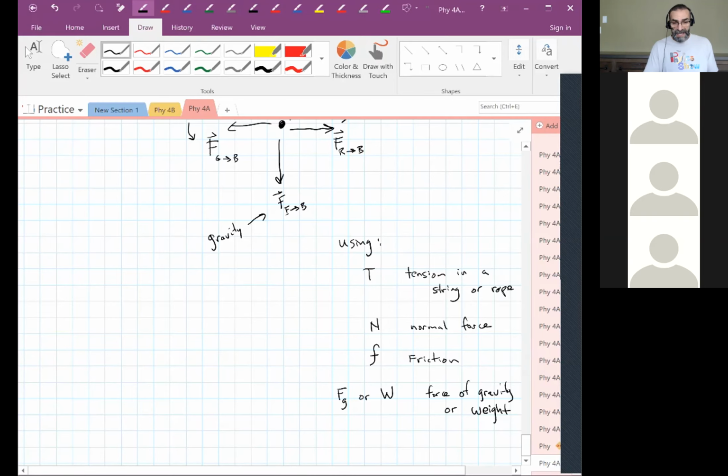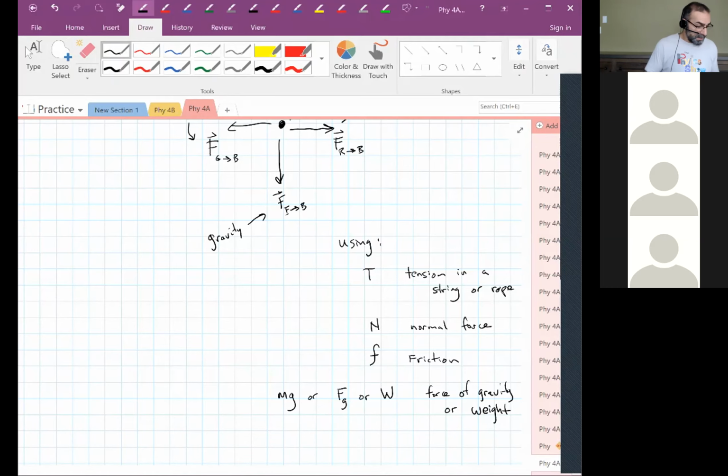And we have another W somewhere else. I forgot what it is. And then W is also a unit we have for watts, a unit of power. Anyway, we can use W for now, and then in a couple of weeks, maybe we'll stop using it or use F sub g, whatever you like. Sometimes you could just write mg, the mass times the acceleration of gravity, which gives you the force of gravity.